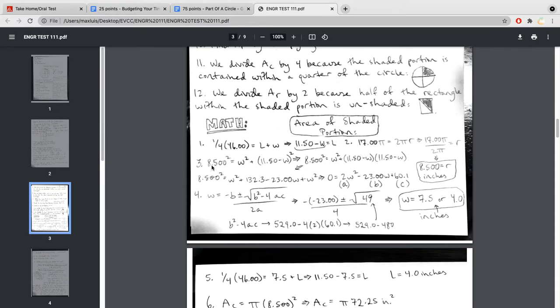Step 3, we're going to be using the Pythagorean theorem now. Here's the radius, 8.500 squared is equal to width squared plus, plugging in the expression for length, 11.50 minus width, squared. I just expanded this out because we're going to need to FOIL this.